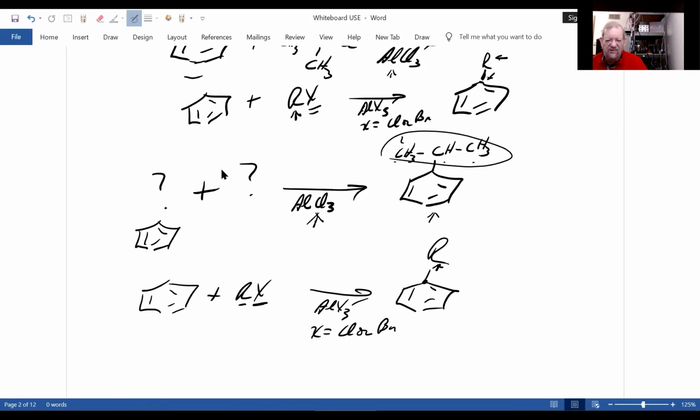Notice I have 1, 2, 3 carbons. I'm not adding carbons, so I better start my second thing with 3 carbons. Now, which carbon has the halogen? Well, which carbon is bonded to the ring? The center one. So that's the one that's going to have the halogen. The halogen is chlorine.